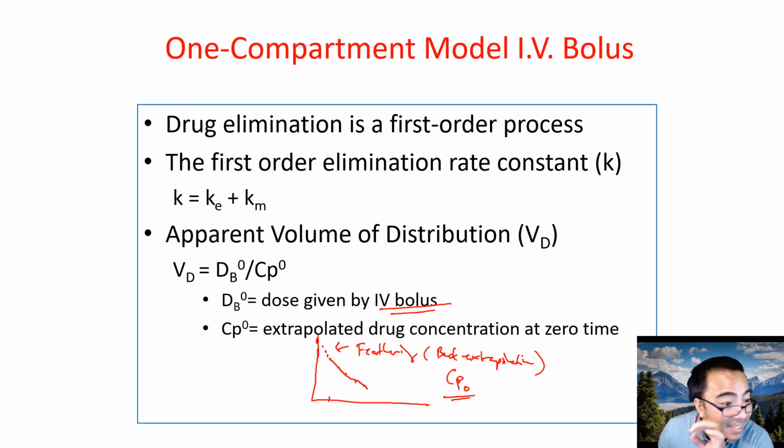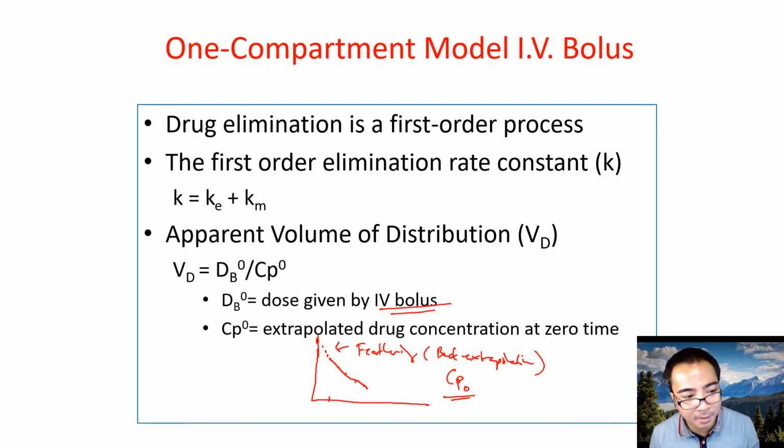Because again, it's impossible to get the real plasma concentration at zero time, so we assume the value. If you know how to use Excel, class, madaling i-determine to. Excel will compute it for you.